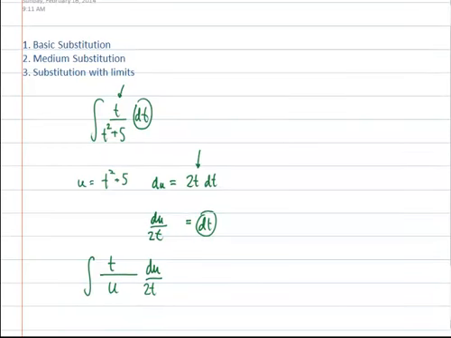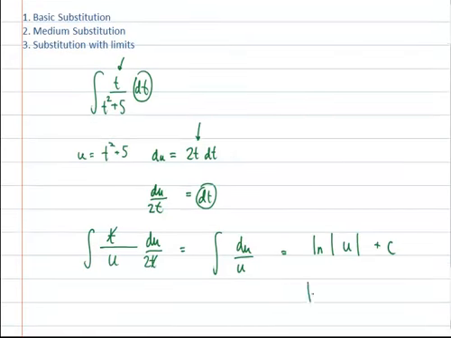When I simplify that, I end up having just an integral of the form du over u, which results in the natural log of the absolute value of u plus a constant, and then I just back substitute t squared plus 5 as my answer to this integral.